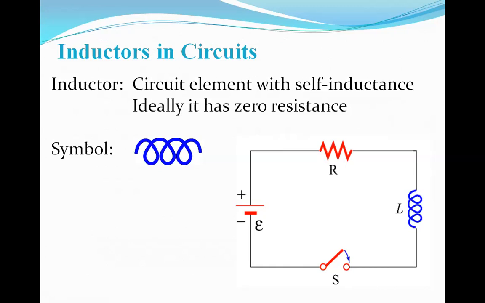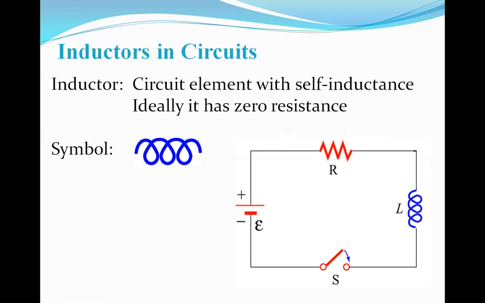That's the reason we say that an inductor opposes the flow of current in the circuit. It is nothing but a wire in coil form. So this is a symbol, and here we have taken a source EMF, a resistance in series with an inductor, and a switch where we can turn the circuit on or off.